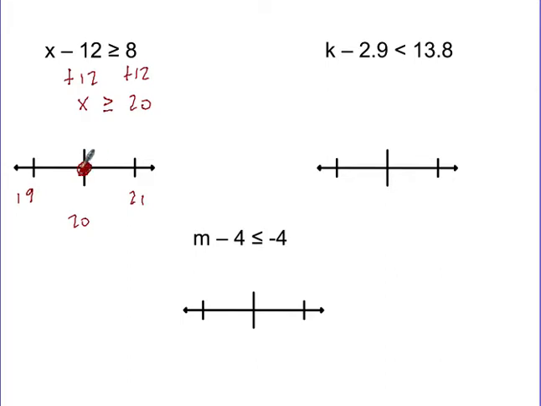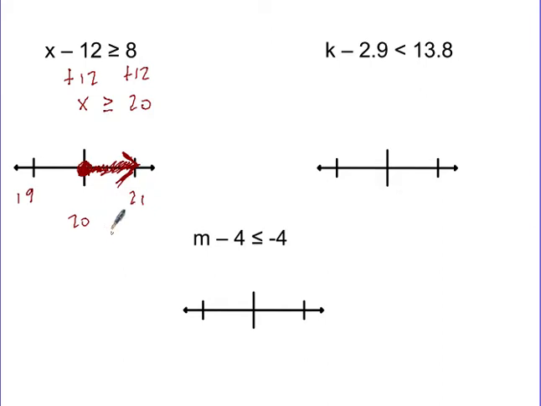It's filled in because we are including that dot. We're including 20. And then if x can be equal to 20, we've got that covered because we put a filled in circle. What about greater than 20? What do I do then? Just make a line going towards 21. I shade that direction with an arrow pointing that way.